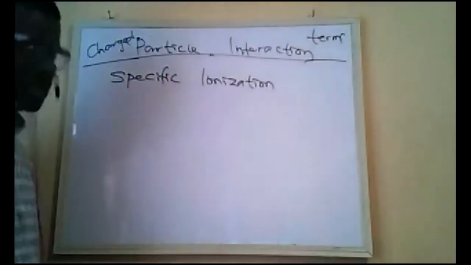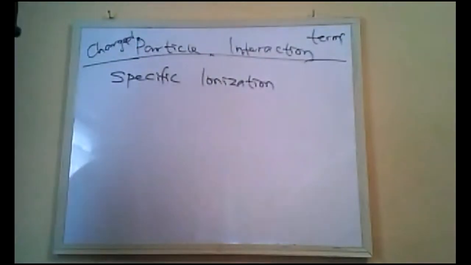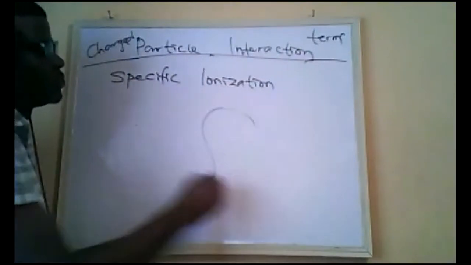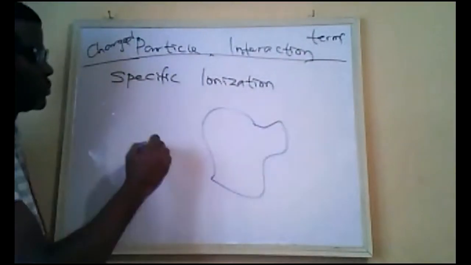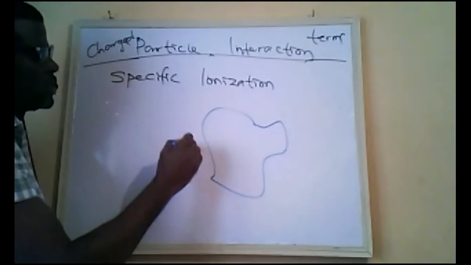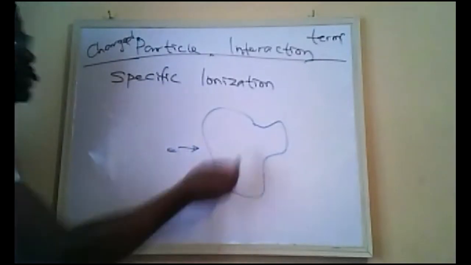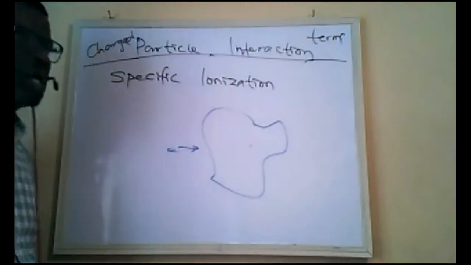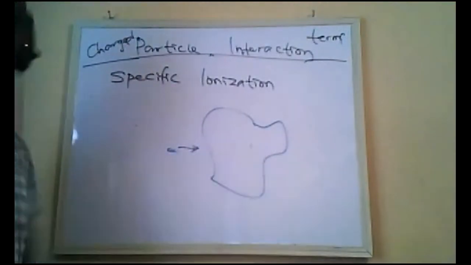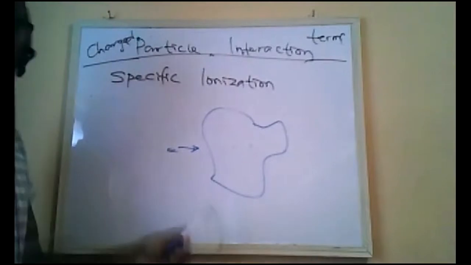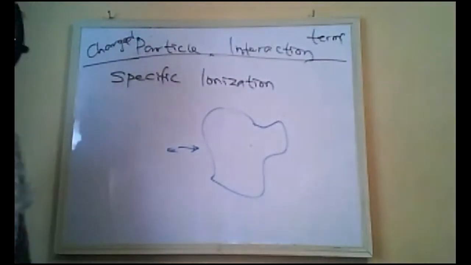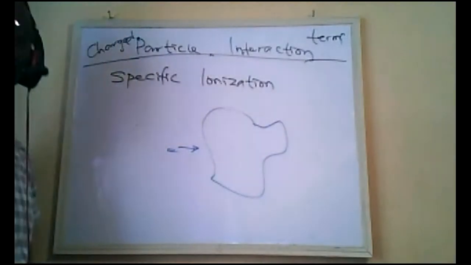You have a charged particle moving inside matter. You have an electron moving inside matter. As it enters here, it is going to interact with orbital electrons and so on and so forth. It's going to interact with the nucleus and produce further charged particles.